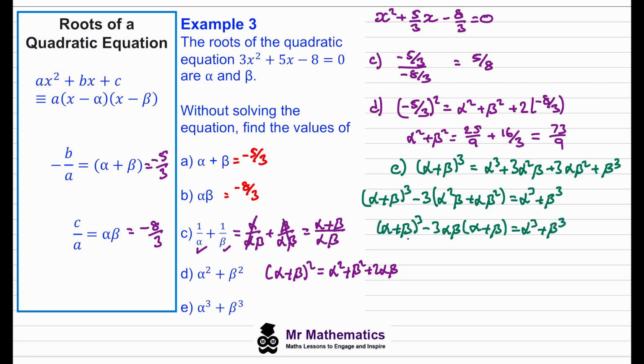Substituting in our known values, we've got negative 5 over 3, cubed, minus 3 lots of alpha beta, multiplied by alpha plus beta, and this will give us minus 485 over 27. So this is our value for E.